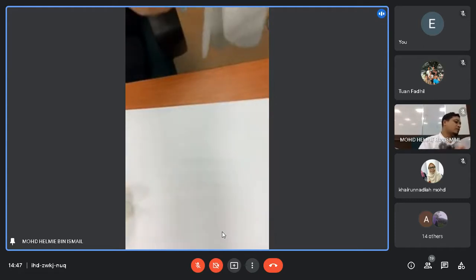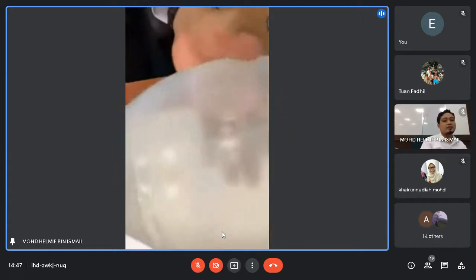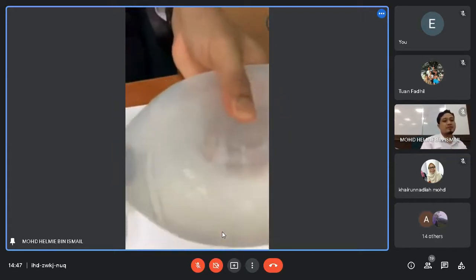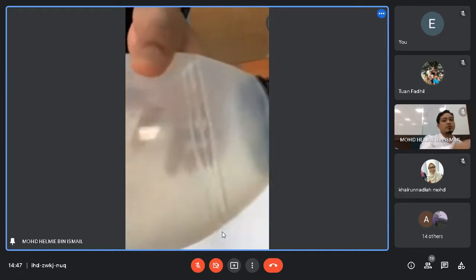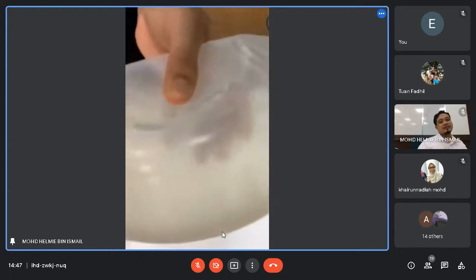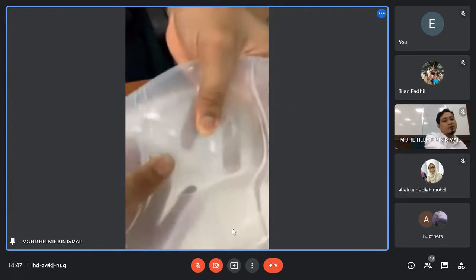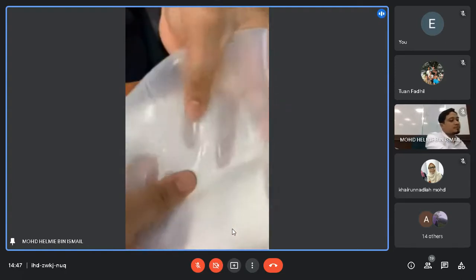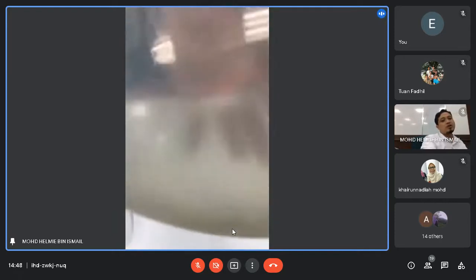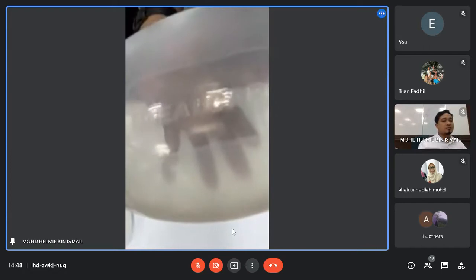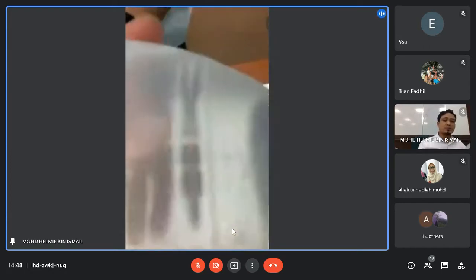Ada kat sini one-way valve. In order why one-way valve? Because they apply the non-rebreathing punya system juga. And then we have the bag. So berapa liters the maximum when you bagging? Kalau you bagging and then you try to keluarkan all the volume inside the bag.